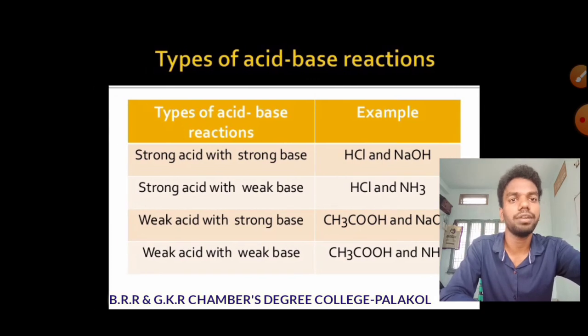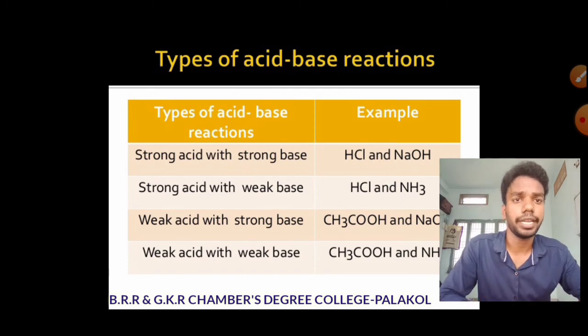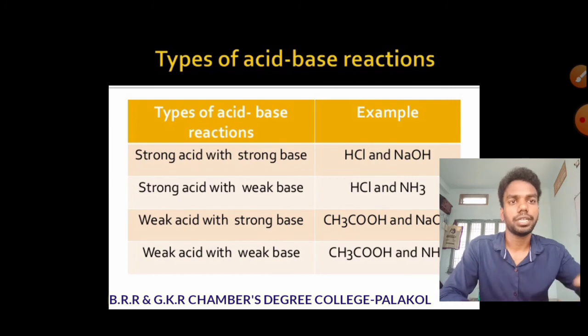You are having four different types of acid-base reactions, acid-base titrations. Now you have to choose indicators, the selection of indicators, that's very important. You are not using the same indicators with all these types of titrations. You are using different indicators for the particular titrations, right?